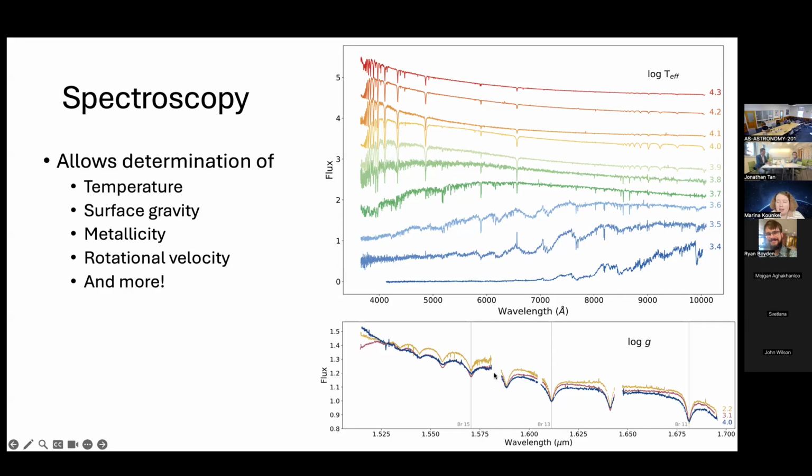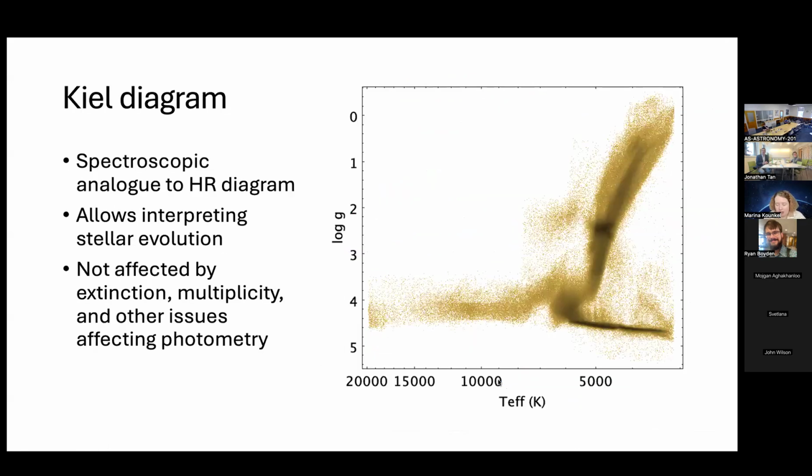And looking at the shape of the lines, the overall broadening that these lines have, we can determine surface gravity. And of course, we can determine a whole bunch of other things, such as metallicity, rotational velocity, radial velocities. But temperature and surface gravity are considered to be the most fundamental parameters that stars have. And using these parameters in combination with each other, we can determine quite a bit about stellar evolution.